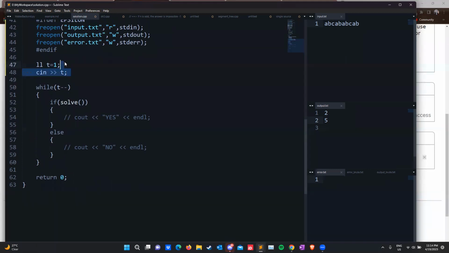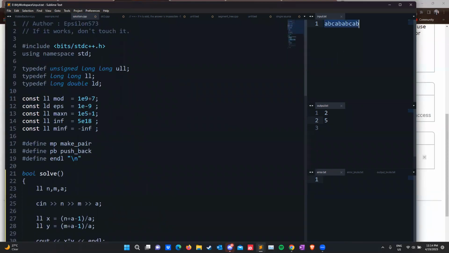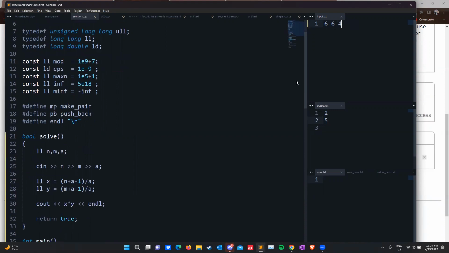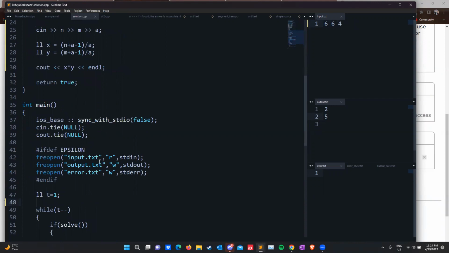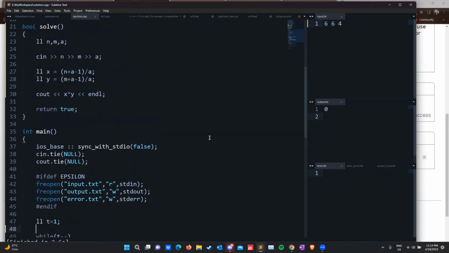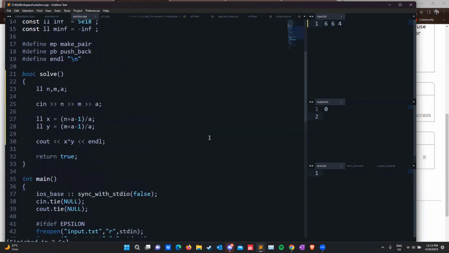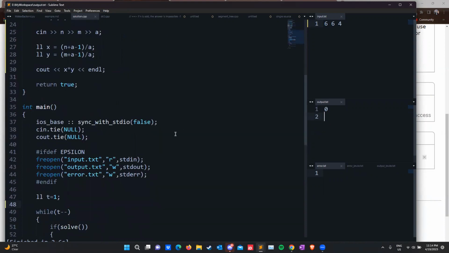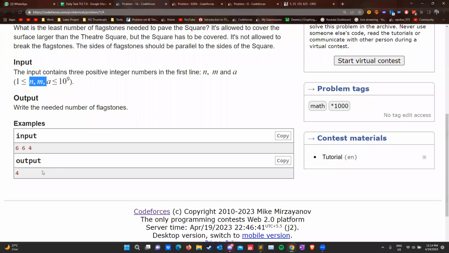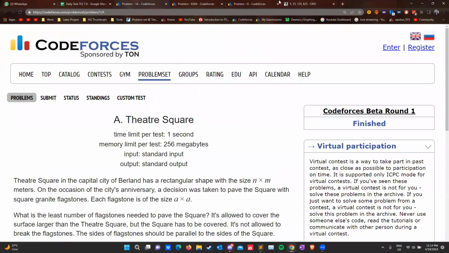We have a single test case, so we don't need this. Right? So we get the answer equal to 4. I can try to sum this as well, but I will not.